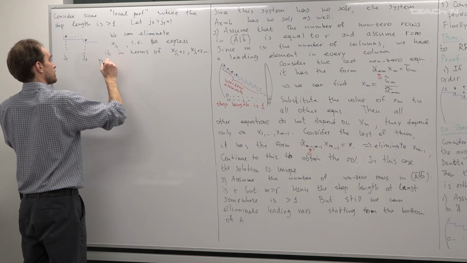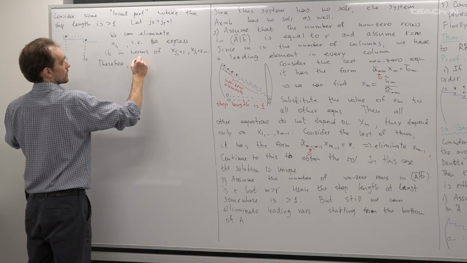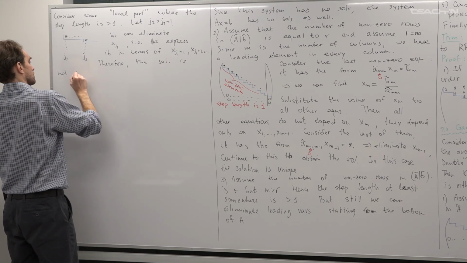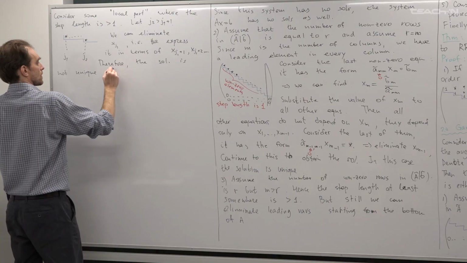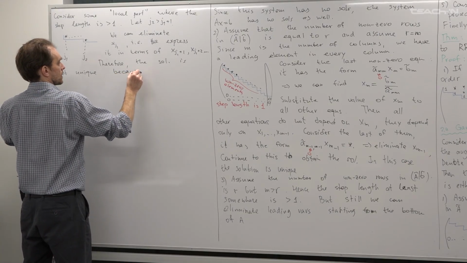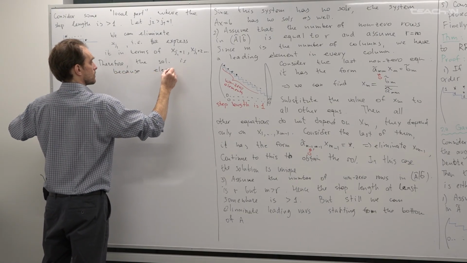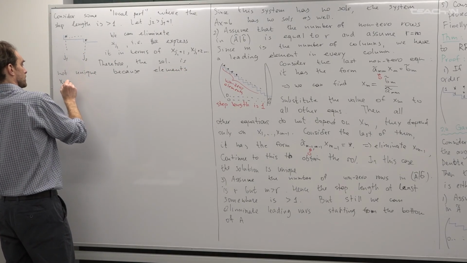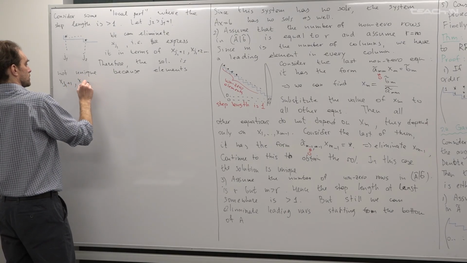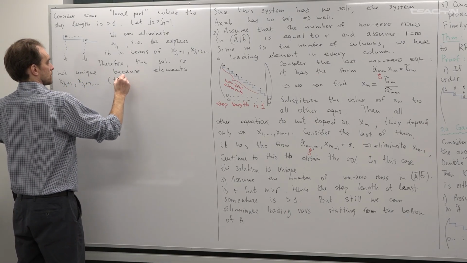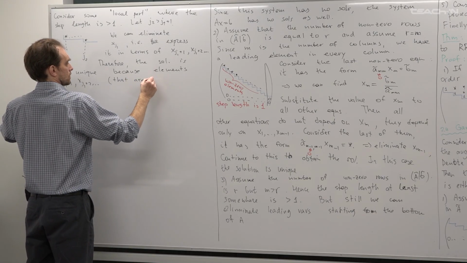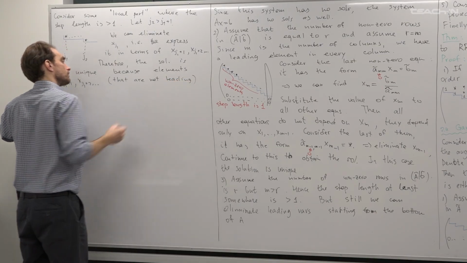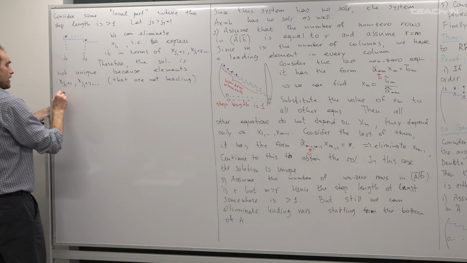So therefore the solution is not unique, because the elements x sub J1 plus 1, x sub J1 plus 2, etc. that are not leading can take any values.